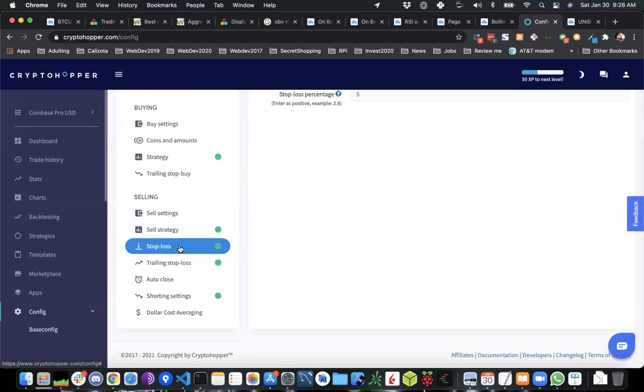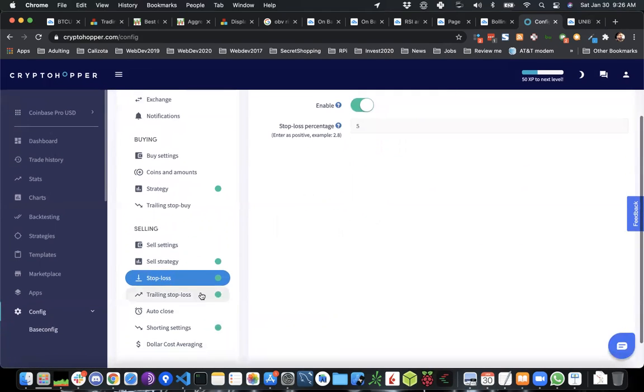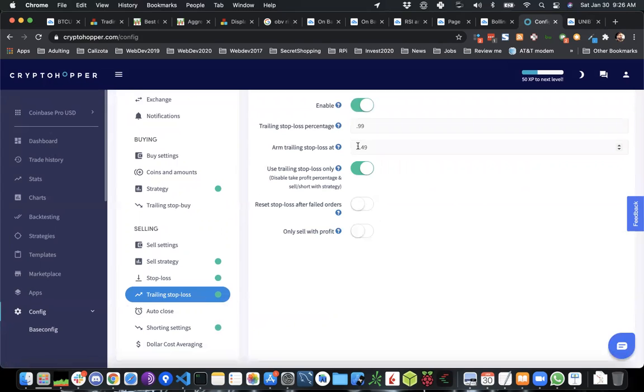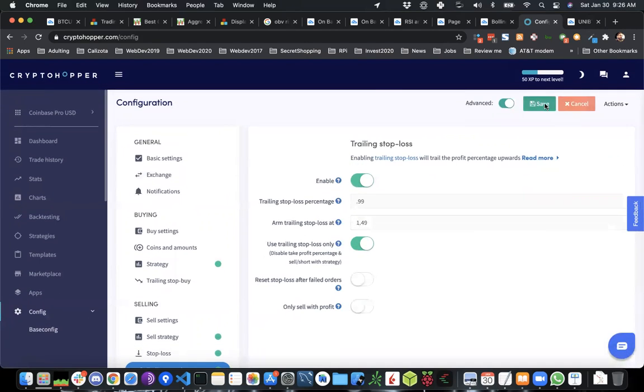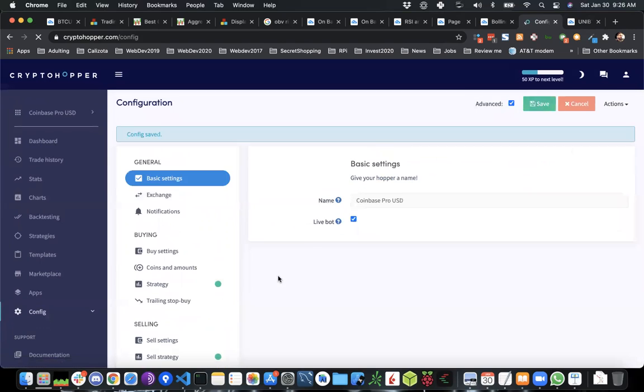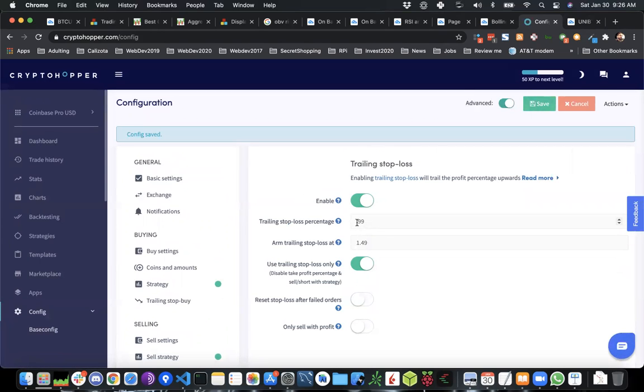Sell strategy, stop loss, trailing stop loss. I wanted to change this to 49. Save. And trailing stop loss percentage is actually going to be 1.49.